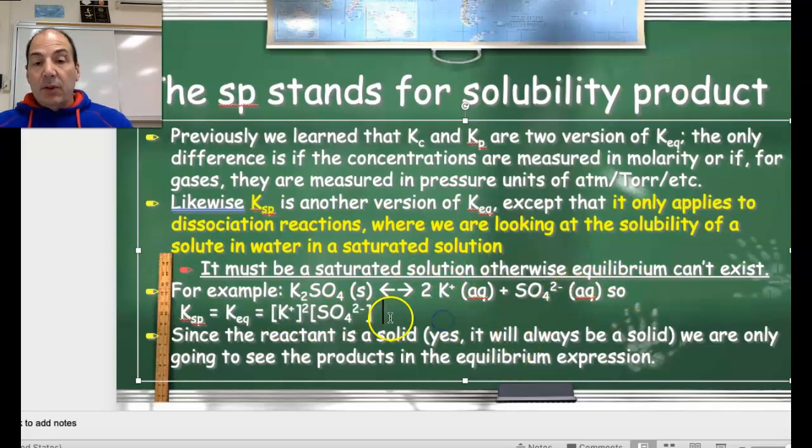And from a math point of view, we're multiplying. The answer of multiplication is a product, so it's a solubility product. So if I say KSP or I say the solubility product, we're talking about KSP. It's just equilibrium for dissociation reactions. So really, we're not doing anything new today, just focusing in on that type of reaction.